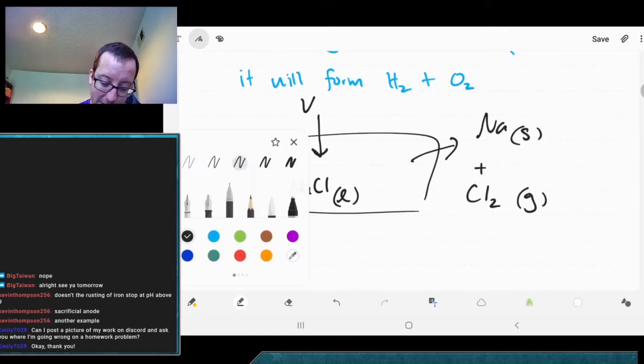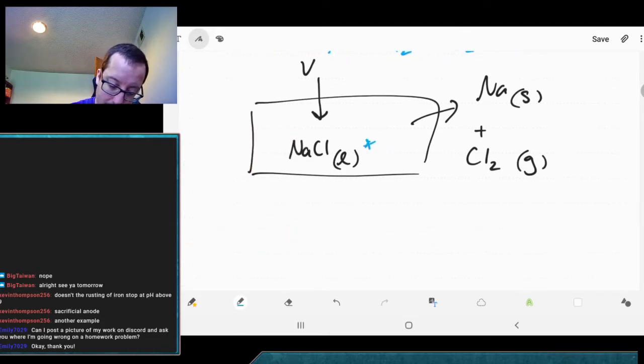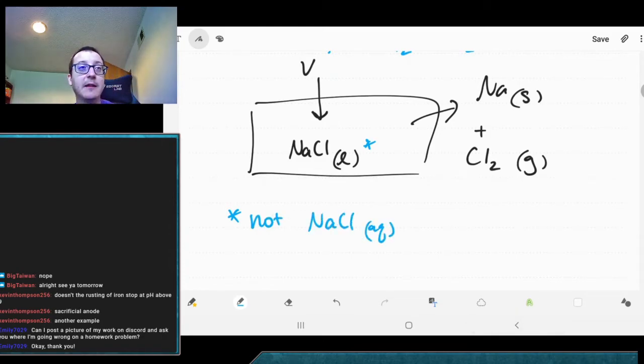However, notice this can't be aqueous, because the potential for this one is going to exceed that for water. So if we were to have this in aqueous solution and try to apply the voltage necessary, we're going to just end up electrolyzing our water instead.